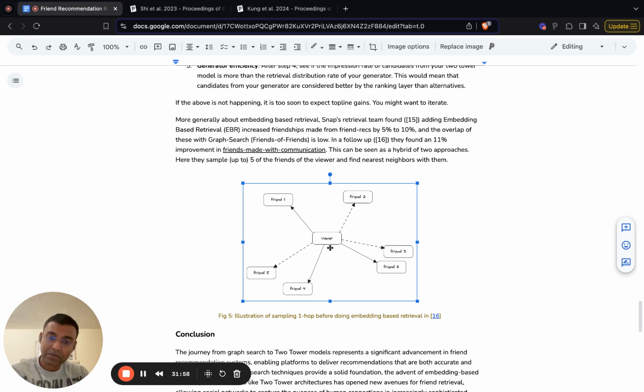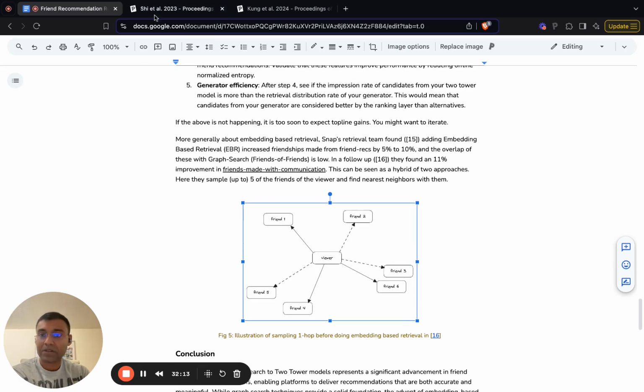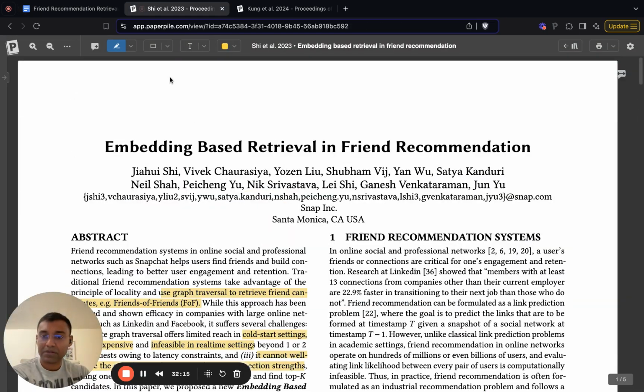But after you sample some of the friends, they use the embeddings of the friends to find recommendations. So in the first paper, they learn an embedding of the user, and they search for that.